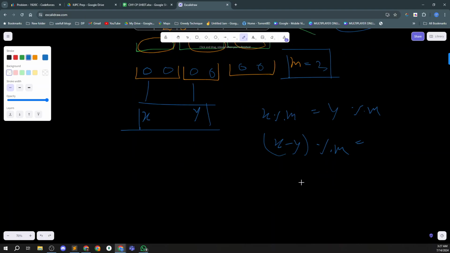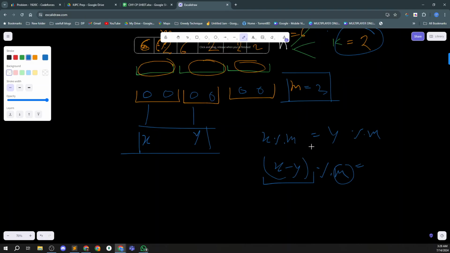So we are sure that x minus y, the difference between these two numbers, has to be a multiple of m, or the value of m has to be a divisor of the difference of these two elements.